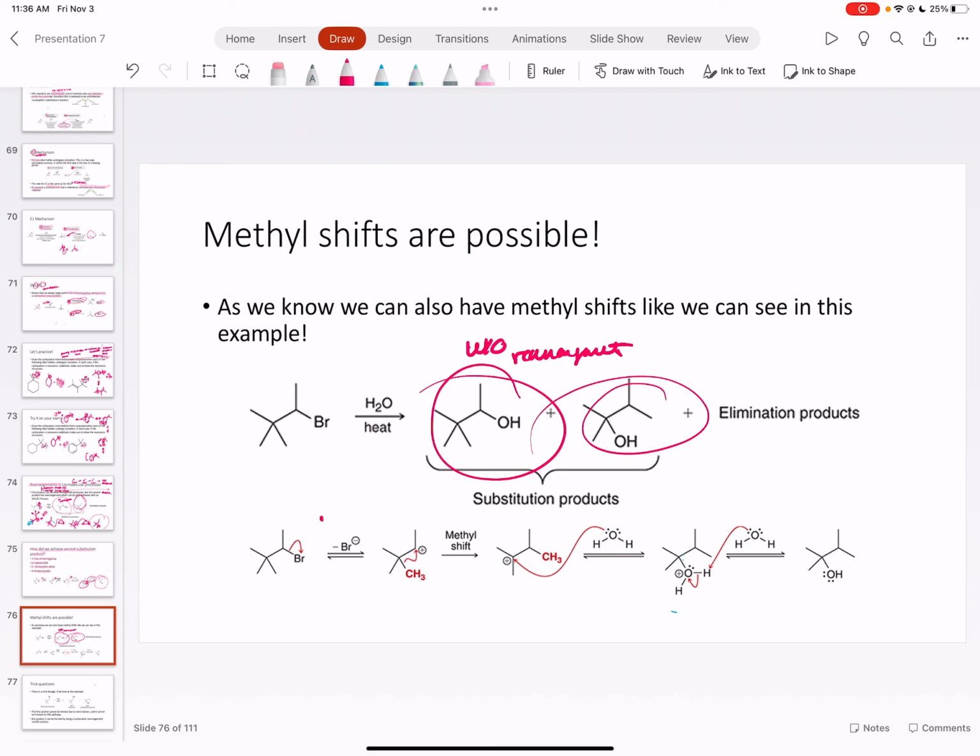So like we see here, we have first a leaving group, then second we have a methyl shift. So then in here, when the bromine leaves, we have something like this, right? We have a secondary.